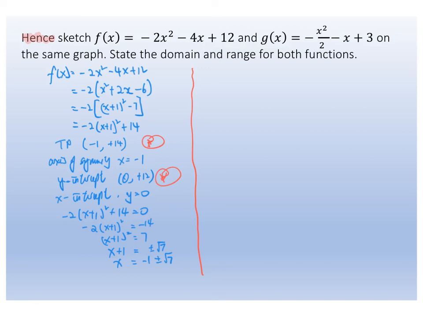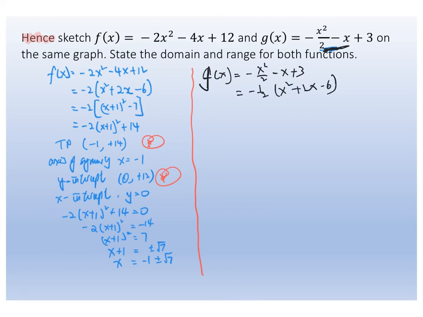Let's sketch it. All right, this one I have halved everything. So therefore, straight away for g(x) equals minus x squared over 2 minus x plus 3, which is actually minus half x squared plus 2x minus 6.